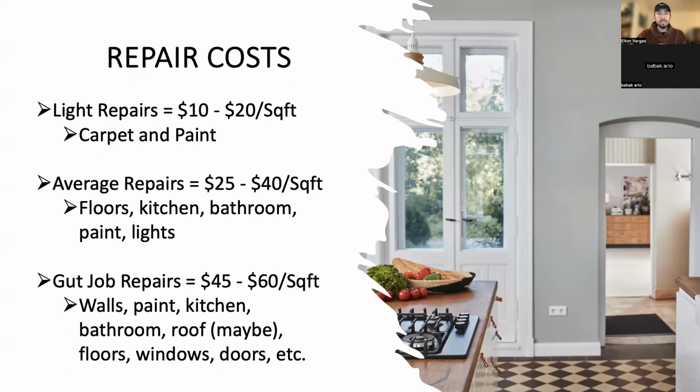I don't like to spend a lot of time when analyzing repairs. I don't want to get down to the exact dollar, because the most common thing that happens in real estate is that the unexpected is always going to happen, which I like to call Murphy's Law. Murphy's Law is: anything that can happen, will.